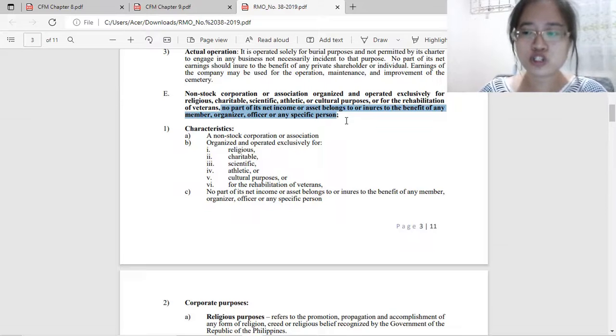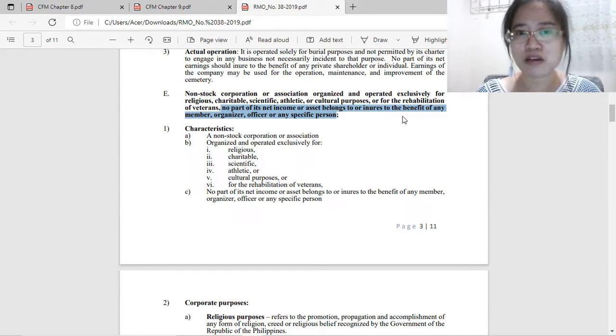The church property must be used for church activities only. No part of the net income or asset inures to the benefit of any member, organizer, officer, or any specific person. So you can only use them for church purposes or religious purposes.